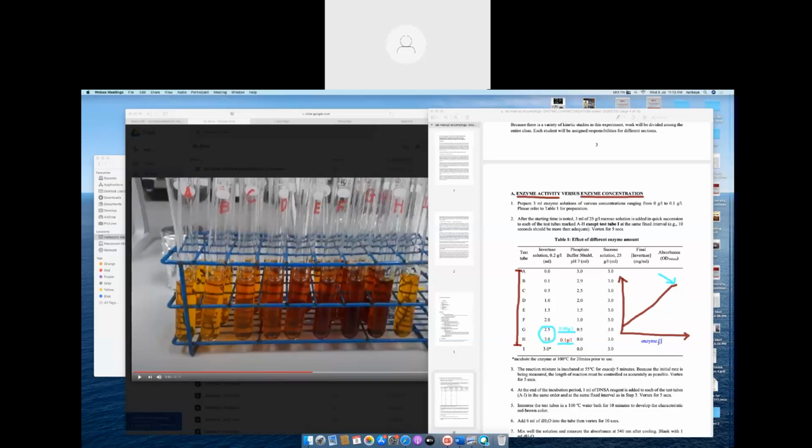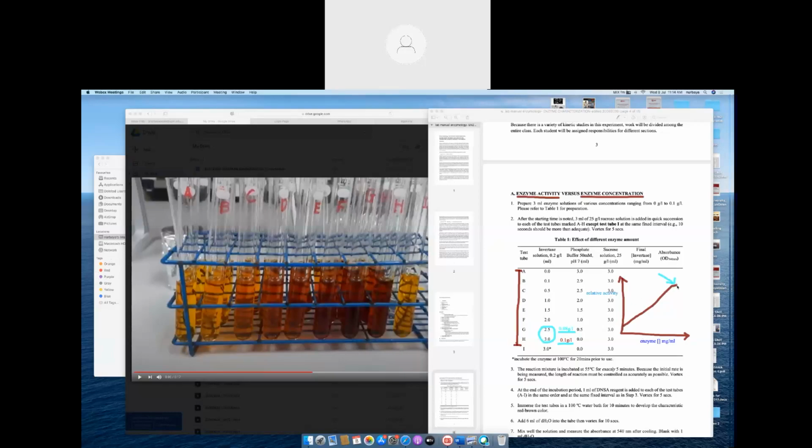in milligram per mL versus the relative activity. So what happened at this time? We can see that if we keep increasing the enzyme concentration, the product will just plateau.